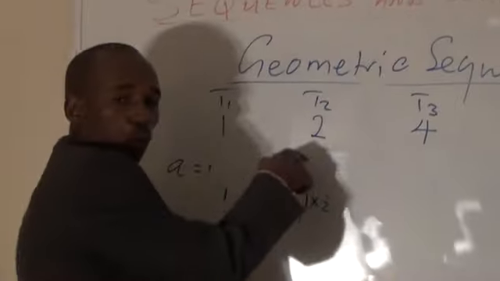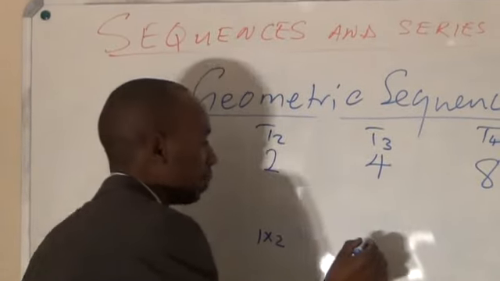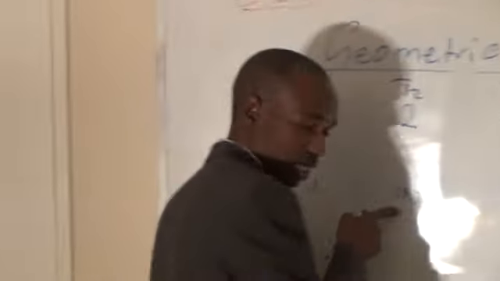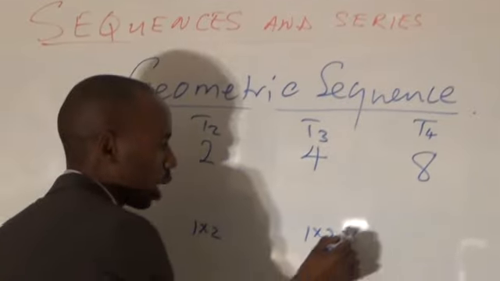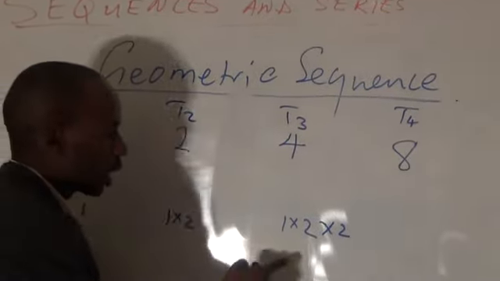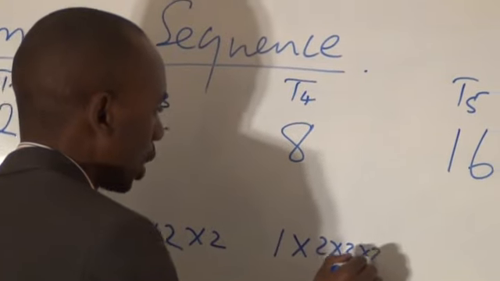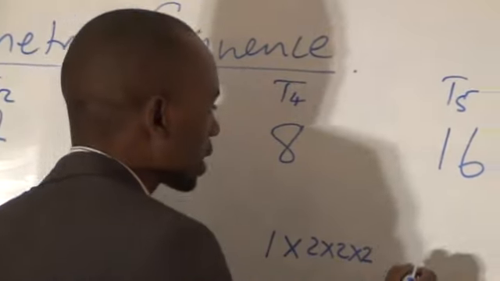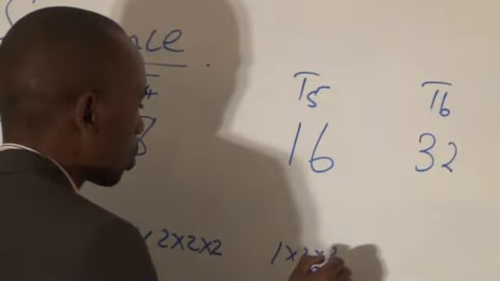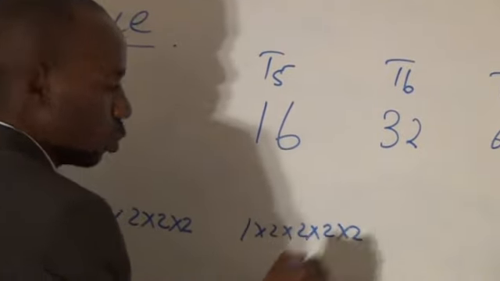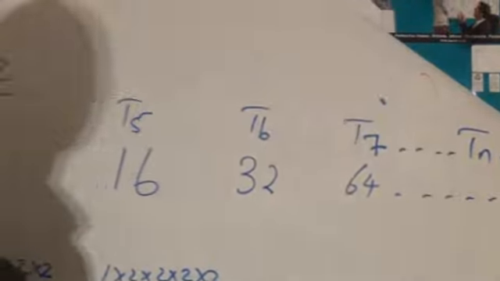To get the next, and of course we get 2. To get the next term, we are saying 1 times 2 times 2 again. To get the next term, 1 times 2 times 2 times 2. To get the next term, 1 times 2 times 2 times 2 times 2, and so on. Do you agree? Yes. Good.